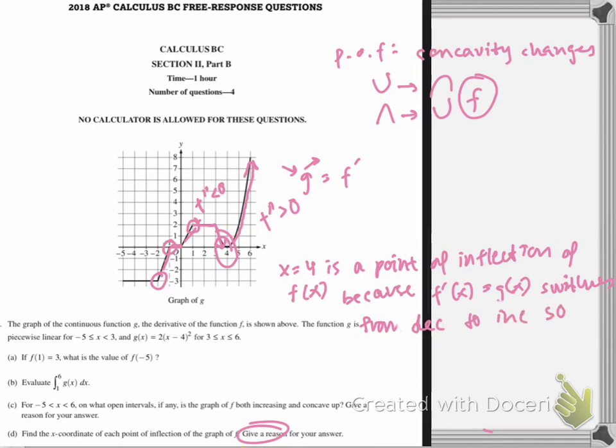So f double prime of 4 is where f double prime of x changes signs. So you're going to want to really have a solid justification tying together f of x, which is what they want you to find a point of inflection for, to g of x, which is the graph you're given, to f double prime of x, which is the second derivative test we can use in order to find that point of inflection.